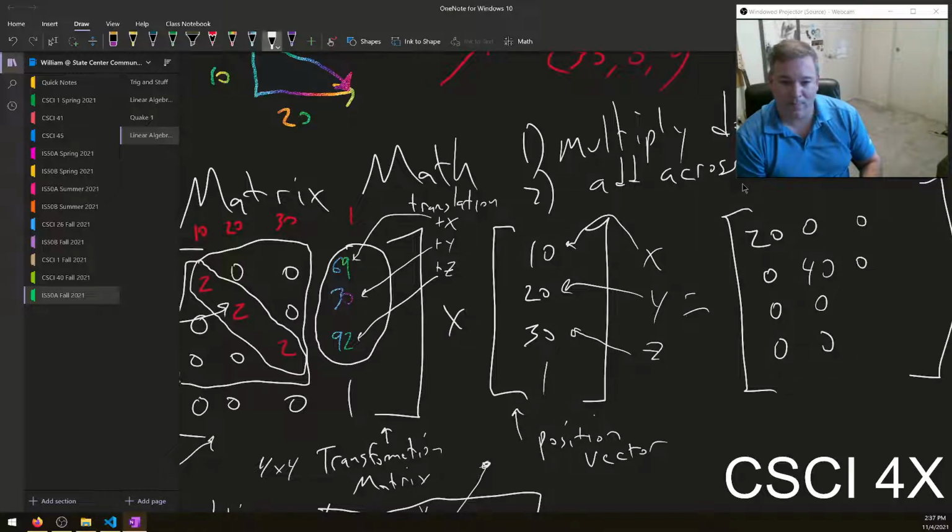Spraggins, what is 30 times this column here? 30 times 0 is 0. 30 times 0 is 0. 30 times 2, the third column right here, is what? 60 and 0.